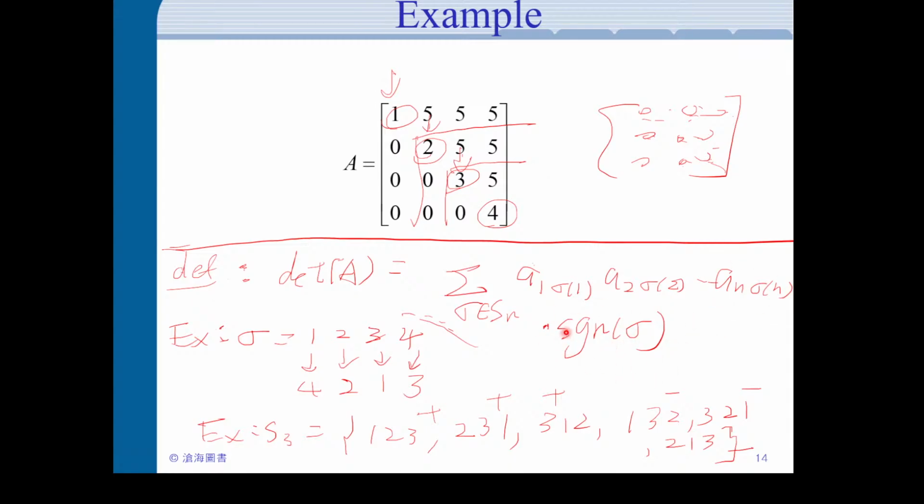So sigma is some permutation of 1, 2, 3, 4. For example, you can have 4, 2, 1, 3, and so there will be n factorial different sigmas. If you really expand all those cofactor expansions, then you will have n factorial different products summing together.